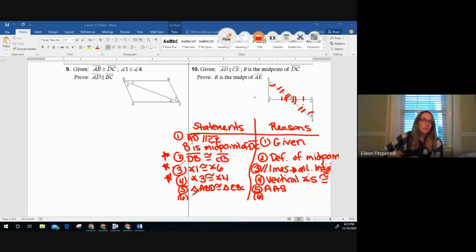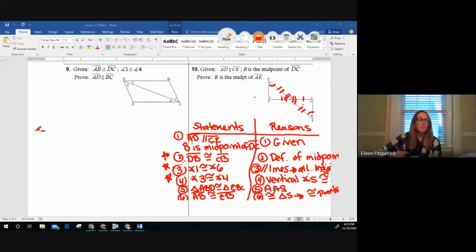So for number 6, I'm going to say that AB is congruent to EB, and that's because congruent triangles implies congruent parts. Instead of saying corresponding parts congruent, you can just say congruent parts, which makes the notation a little bit shorter.